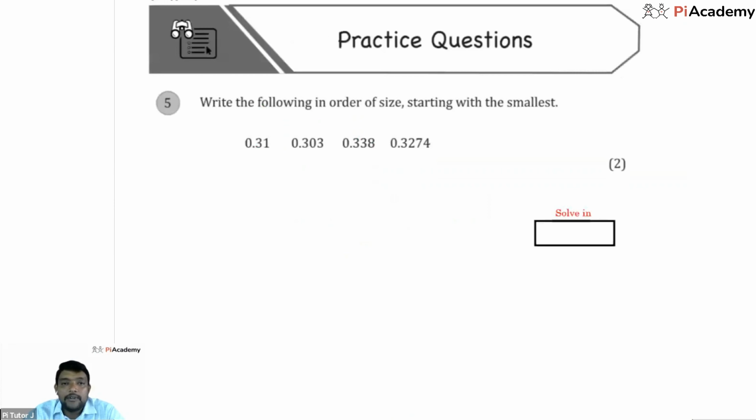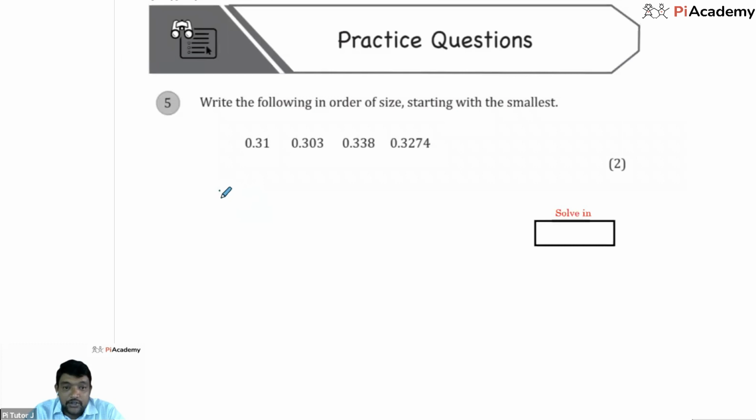Now, here you go. You're asked to write the following in order, you're just comparing the decimals. So, go ahead. What is the smallest of all? 0.303, 0.31, 0.3274, 0.338. Wonderful. Good. I agree. Is it Meher Mishra that gave the answer?